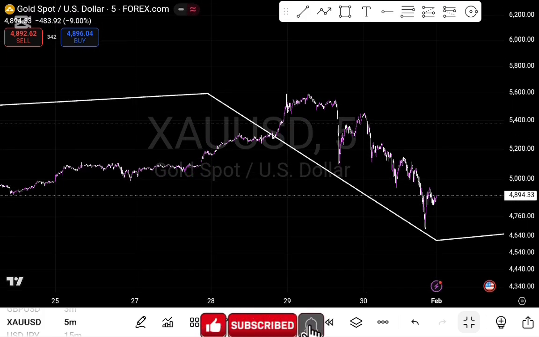So the use of a 5-minute time frame is to just know when to enter or exit the market. The 5-minute time frame is not used to know the directional bias of the market. It is not used to know if we are in a bullish trend or a bearish trend. It is only used to know when exactly to enter and to exit the market.